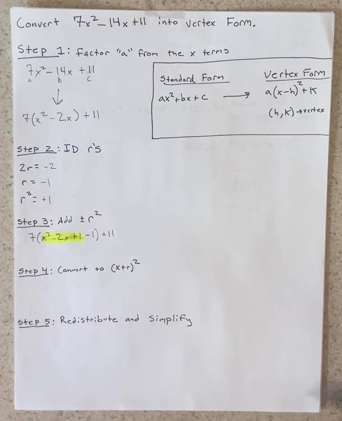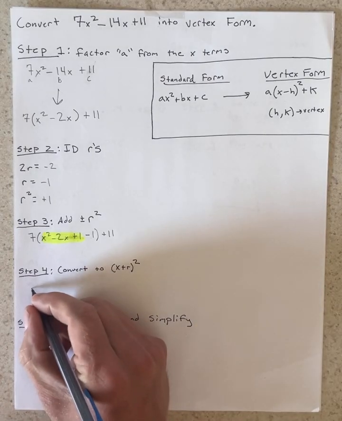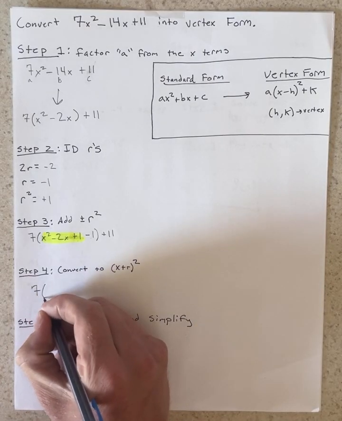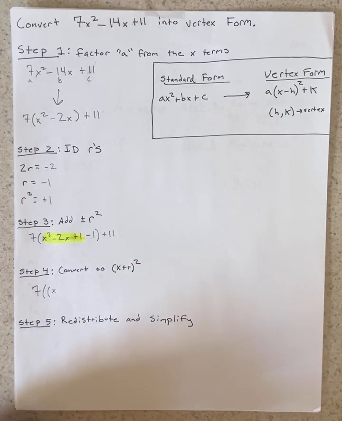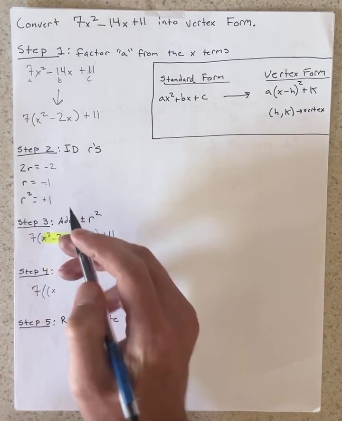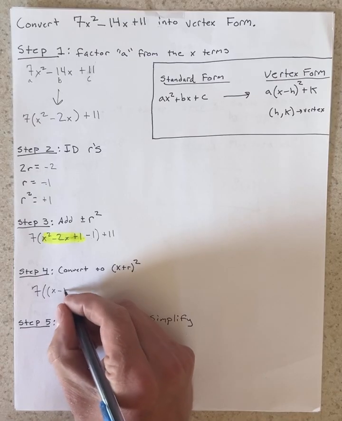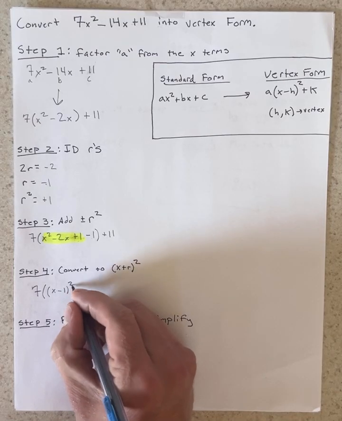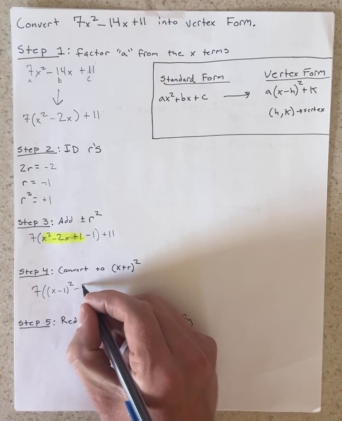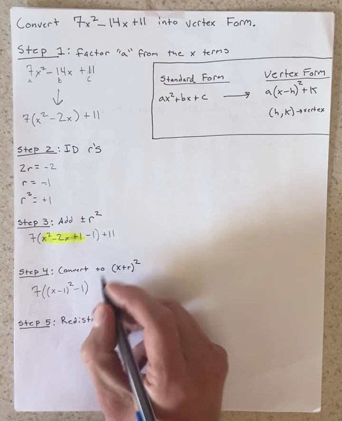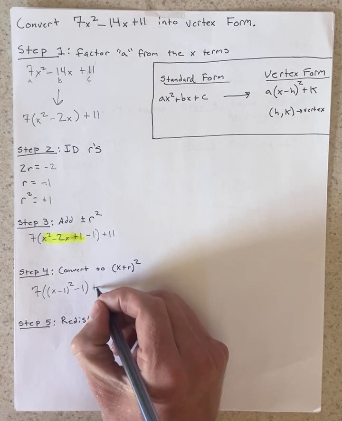And so when we do this, I'm going to write out 7 parentheses again, x plus r, which is minus 1 in this case. So it's going to be minus 1 squared, and then this negative 1 is going to come down, close parentheses, and then this plus 11 is going to come down as well.